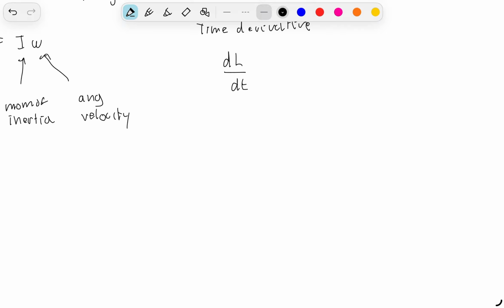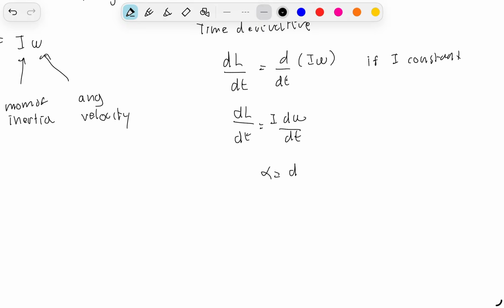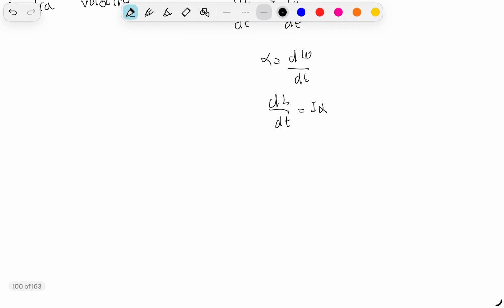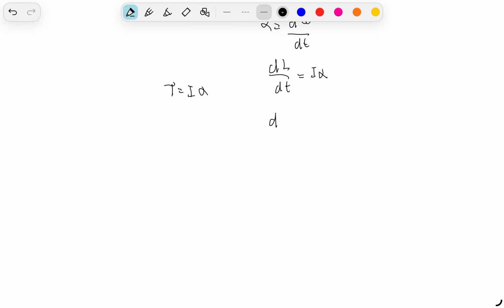So if we take the derivative with respect to time, if we have that I is constant, we can recognize torque as well. We know torque is equal to I times alpha. So this is equal to torque.